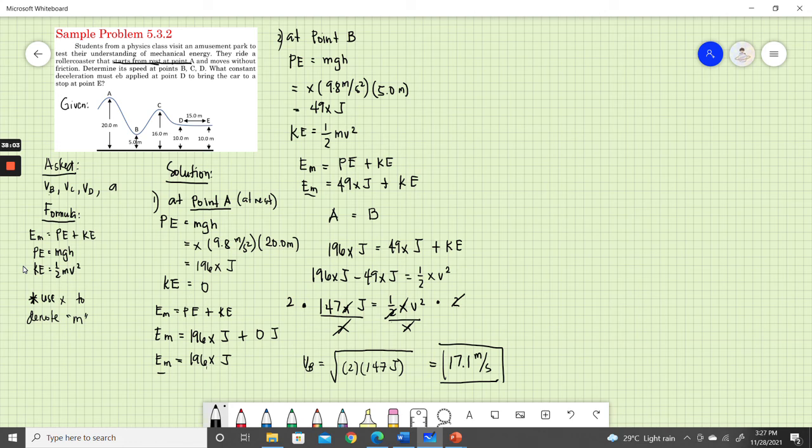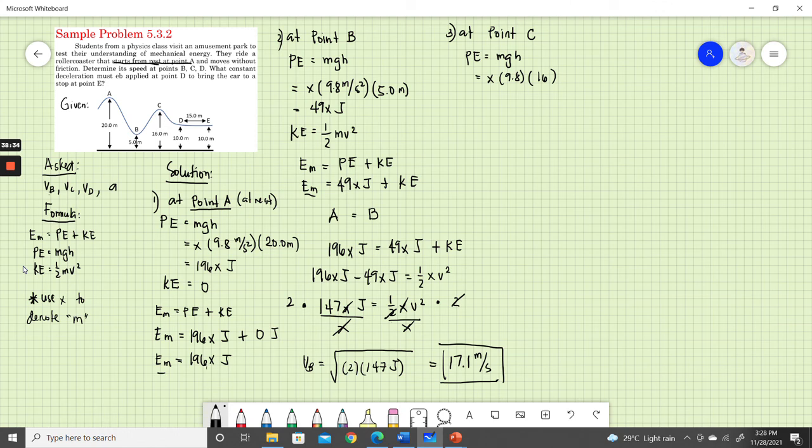No? Next, how are we going to solve for the speed at point C? It's the same thing, no? You just have to follow the same thing. So find the potential energy, which is mgh, and we know that would be x multiplied by 9.8 multiplied by 16 meters.